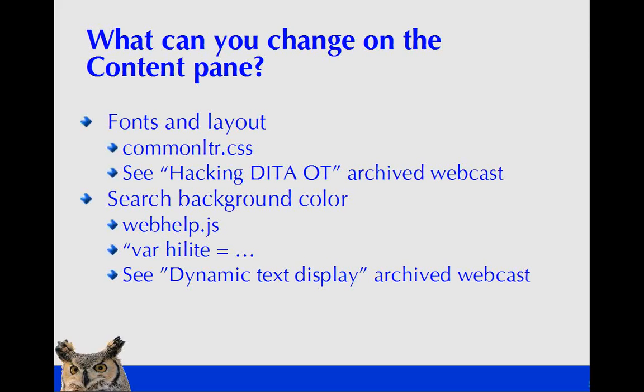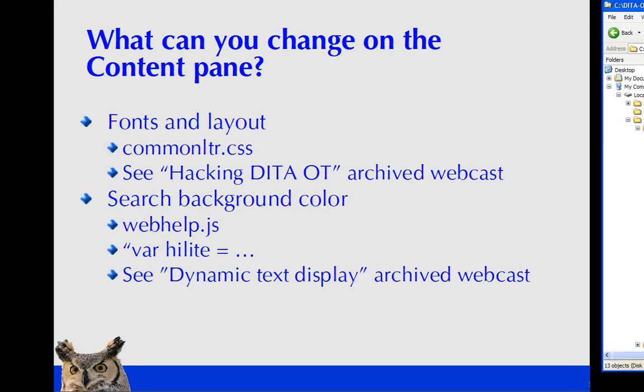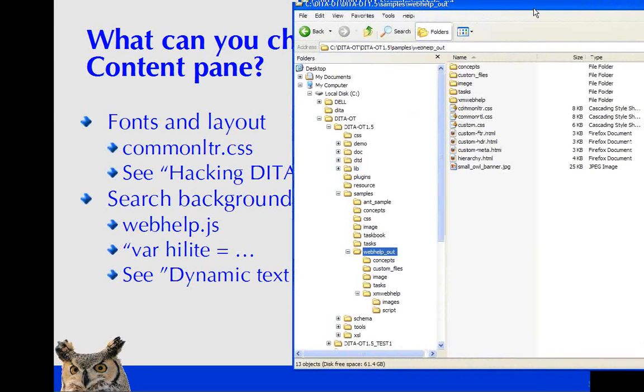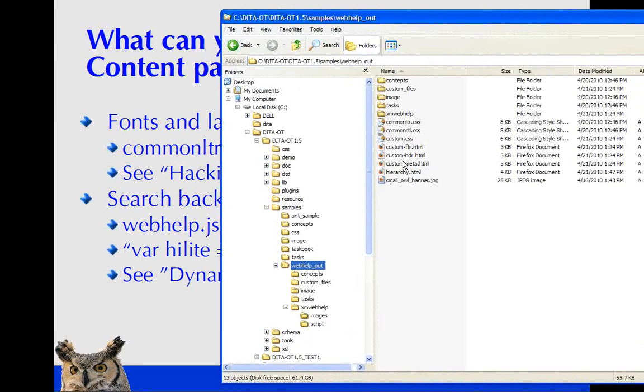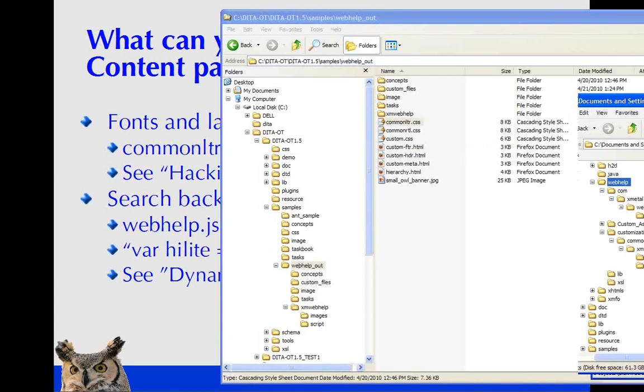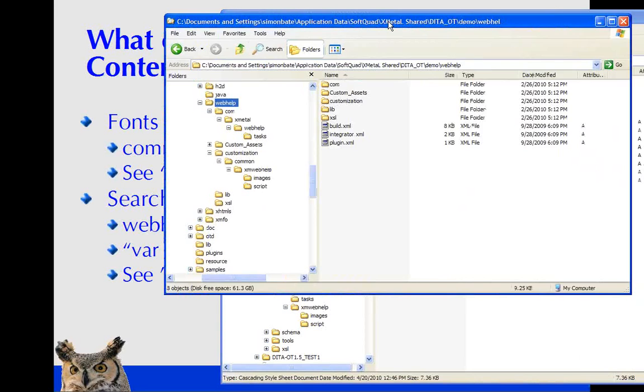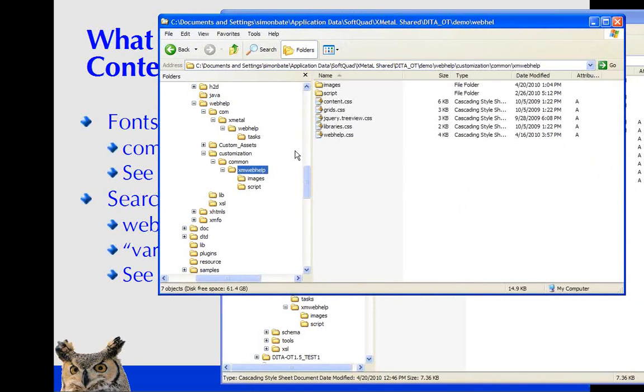What can we change on the content pane? Well, the content pane, a little bit more difficult to change because, of course, it is generated by the Open Toolkit through the XHTML transform. So if you wanted to do things in a hacking mood, you could just go in and find the file common left to right.css or common ltr.css and replace that.